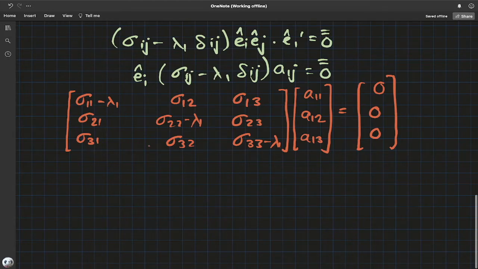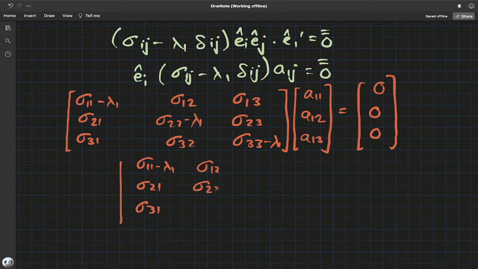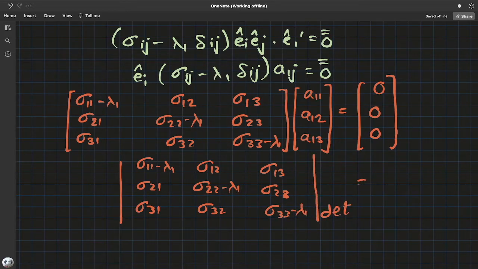And now one way of satisfying this equation is if you have the same matrix and you let its determinant go to 0.